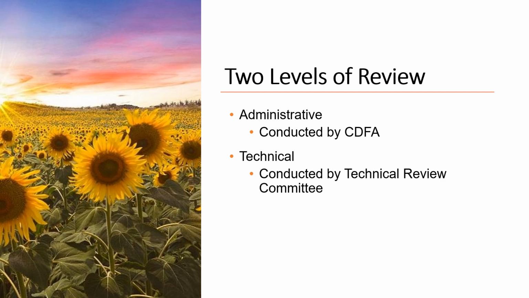Proposals undergo 2 levels of review, an administrative review and a technical review. The administrative review is a review conducted by CDFA to verify proposal completeness and eligibility requirements in accordance with program guidelines, such as were all the questions answered, is the budget section completed, were all the costs allowable, etc. The technical review is a review conducted by a committee of members who use their expertise to evaluate proposals based on individual merit and consider many factors, including the proposal's likelihood for success and likely impact on the middle of the supply chain.